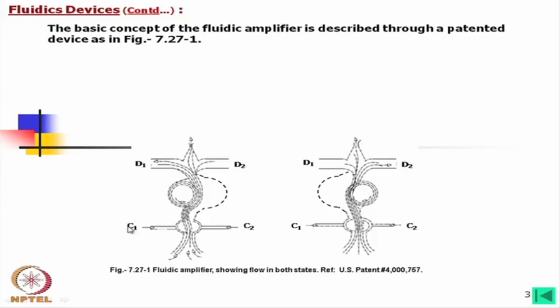When C1 is actuated, the flow moves like this. When C2 is actuated, the flow goes through D2, and in case of C1 it will go via D1. If we consider the pressure in these directions, usually these devices are of low pressure, even for the main flow, and the disturbing flow is of much less pressure.